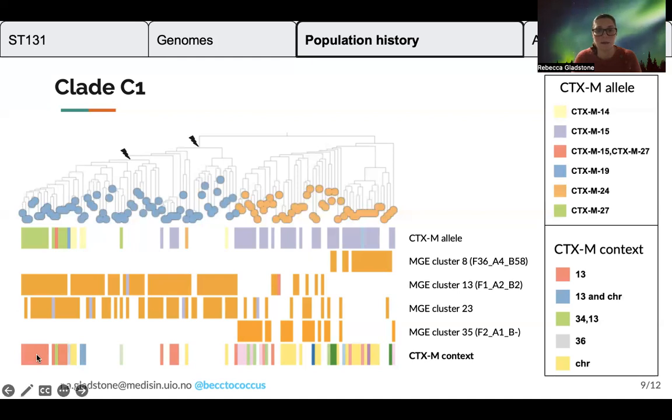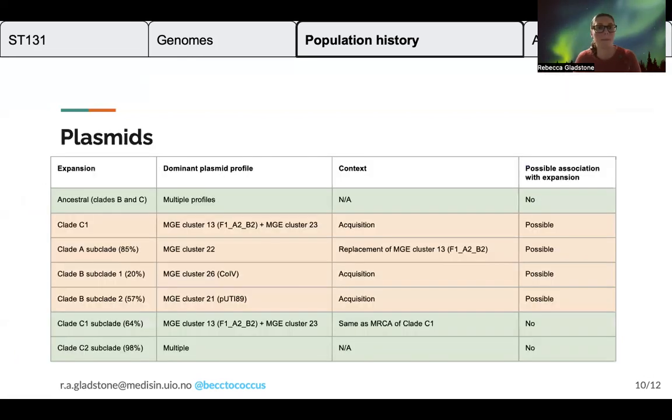At the bottom here, we have what the CTXM context was, and most of the time it's in a plasmid cluster 13, which is F1, A2, B2, also known as. And within that, we have several different CTXM types, alleles, being observed. So we have one plasmid backbone with multiple acquisitions of different CTXM alleles.